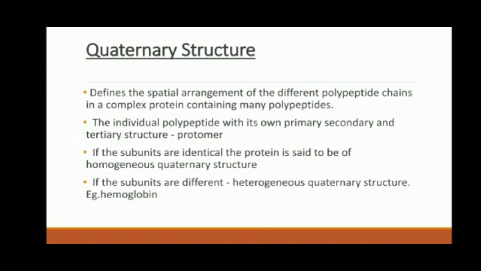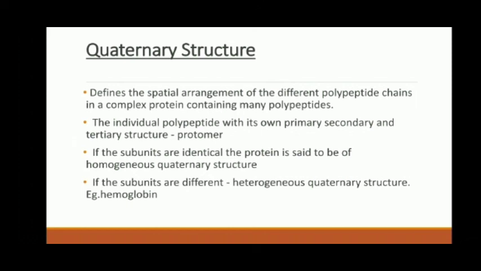If the subunits are identical, the protein is said to have a homogeneous quaternary structure. Or if the subunits are different, it is known as heterogeneous quaternary structure. The quaternary structure example is hemoglobin, and the tertiary structure example is myoglobin.